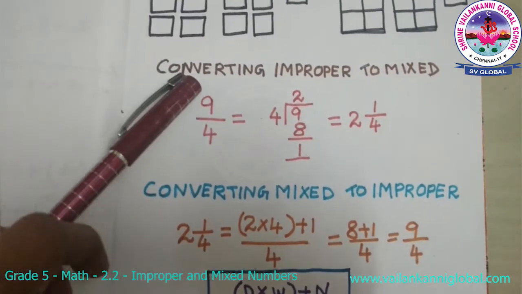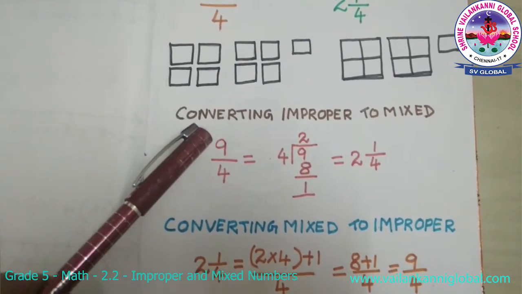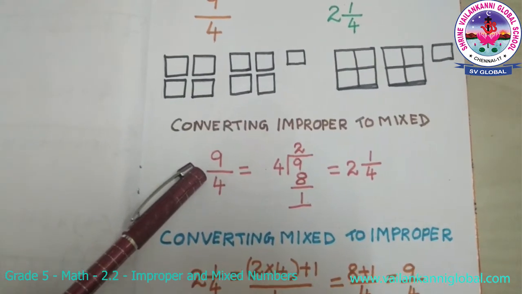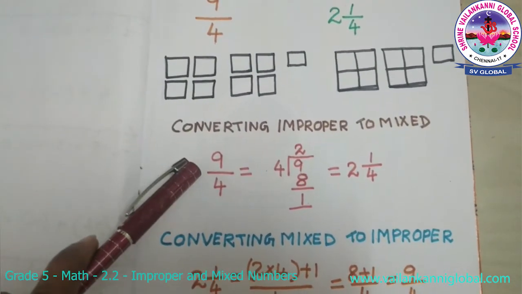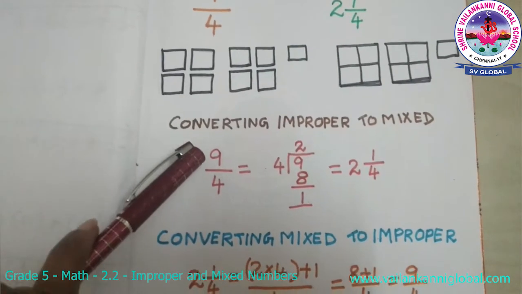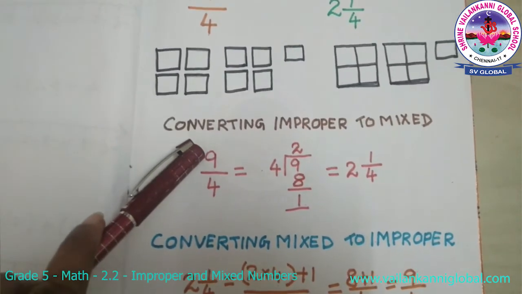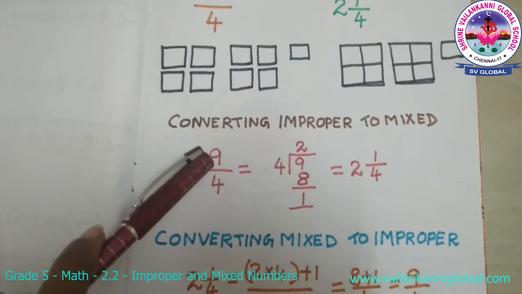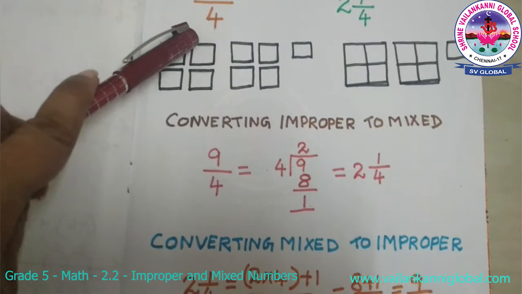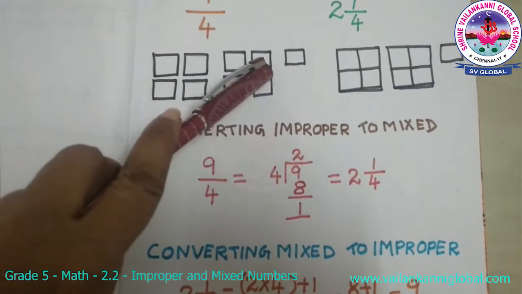So here 9 by 4. You should see how many times 4 fits in 9. That is, how many times the denominator fits in the numerator. When you divide, how many 4s fit in 9?